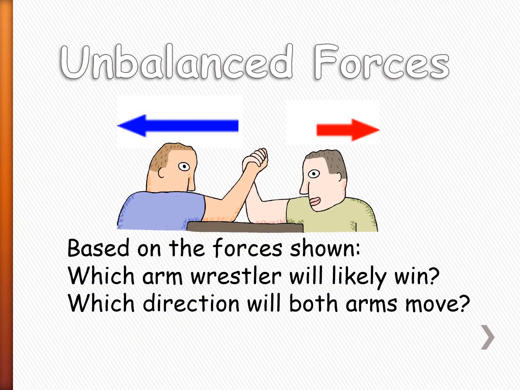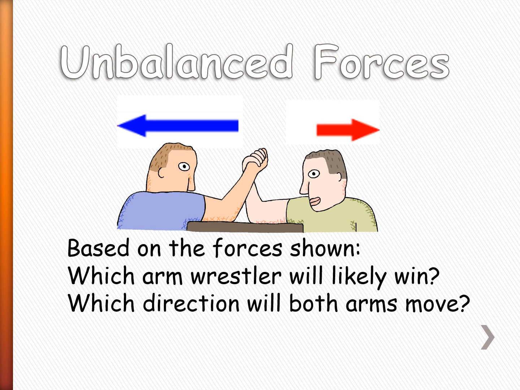In this illustration, the arrows used to represent the forces of the two arm wrestlers are not equal. Based on their length, the blue wrestler exerts more force and the red wrestler exerts less force.